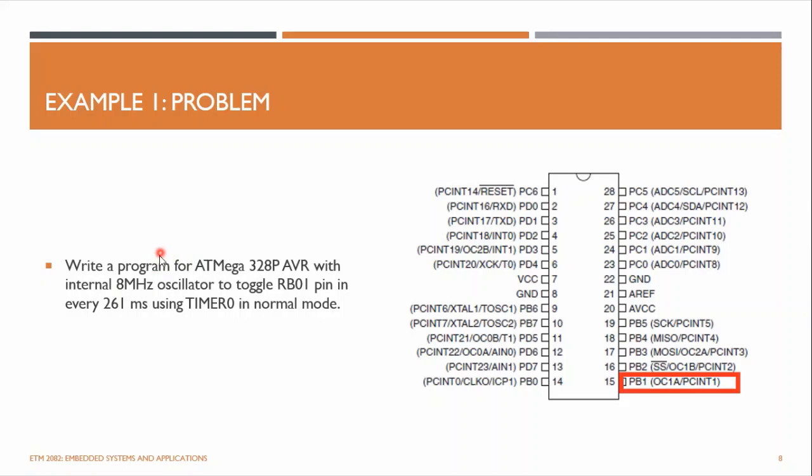There are some methods to change the CPU speed from the manufacturer-defined value, but that is not covered in this lecture. So you have to assume that the available CPU speed is 1 megahertz, even though the internal oscillator is 8 megahertz. And your delay period should be 261 milliseconds, and your timer should be in normal mode.